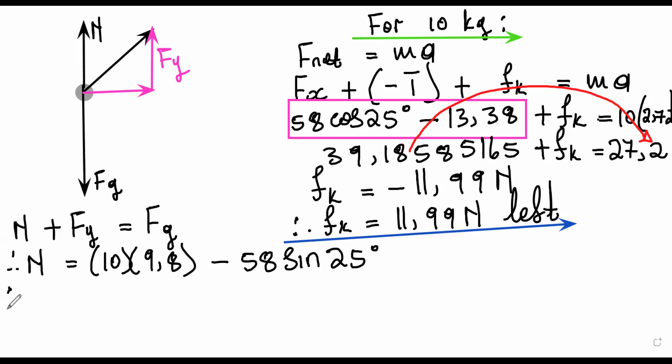So let's see how much we get when we press this into the calculator. Well, we have 10 times 9.8 minus 58 times sine 25. And we find that the magnitude of the normal force, since it's not the final answer anyway, we are not supposed to round off.